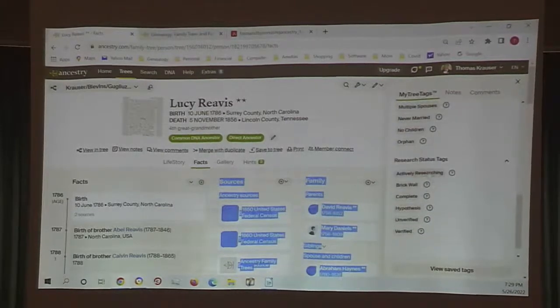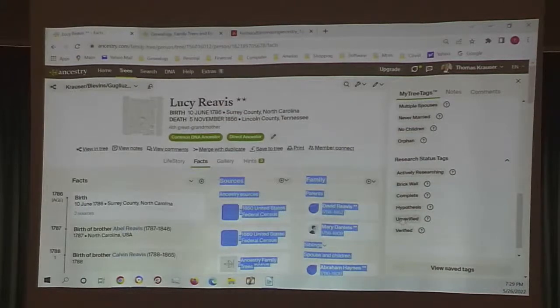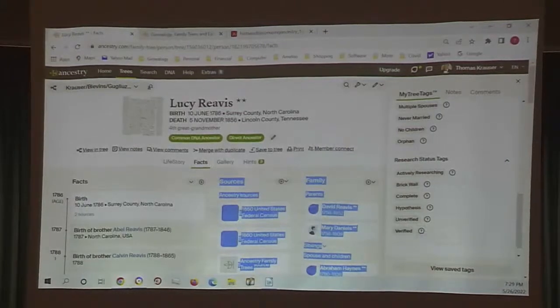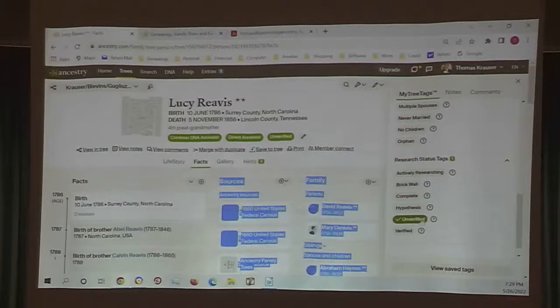Actively researching. I use unverified a lot. So I may put unverified up there if I'm not really sure that I'm using the information, but I haven't verified it, because then later you can search on unverified and go back and try to do some further research on it.